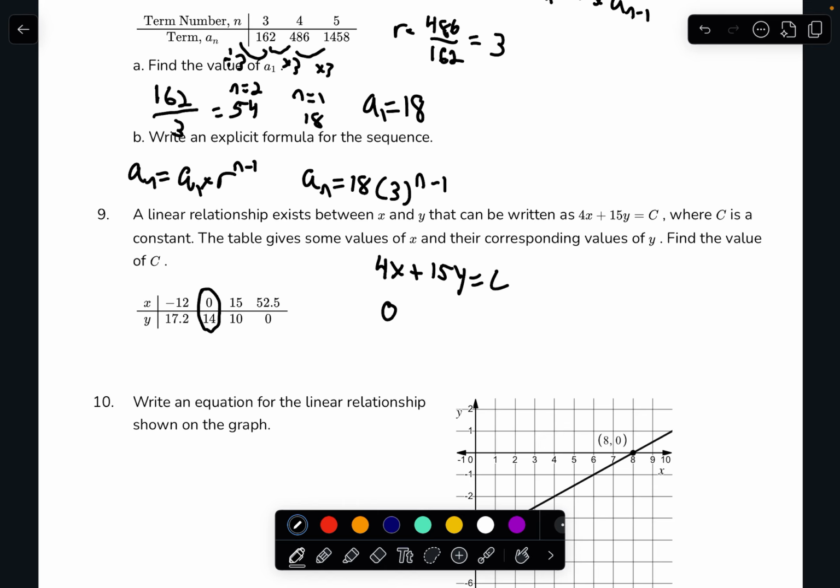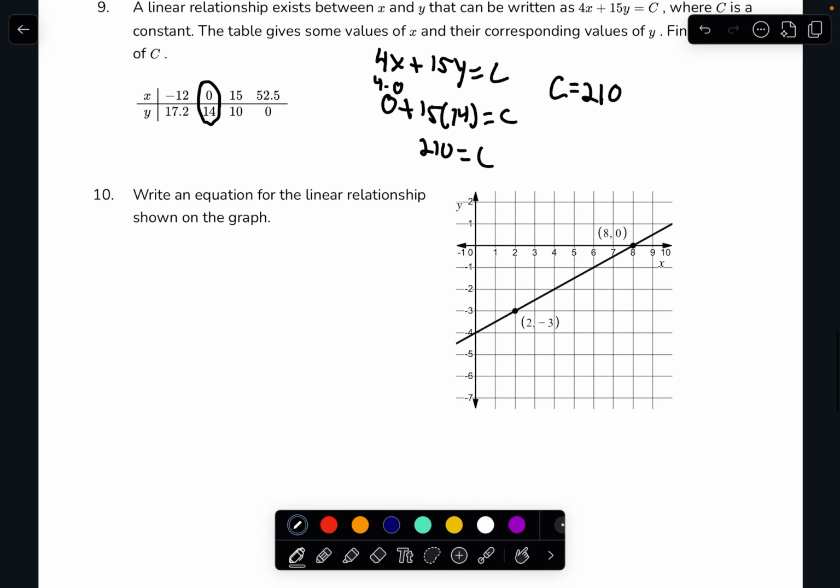If x is 0, we have 4 times 0 plus 15 times 14 equals c. I wrote 0 here because 4 times 0 is 0. So you just have to figure out what 15 times 14 is, and that gives you a c value equal to 210. So this is just thinking. You have to look at the equation and use some intelligence. It's not hard.